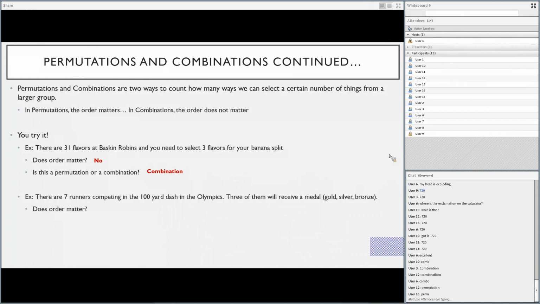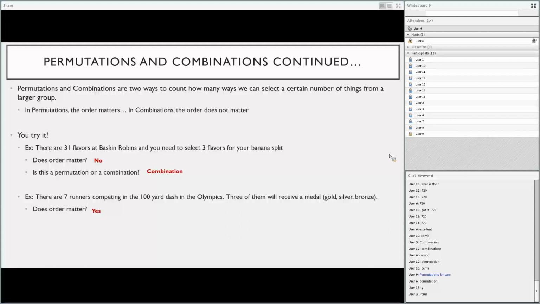Okay, let's try this one. There are 7 runners competing in the 100-yard dash in the Olympics. 3 of them are going to receive a medal: gold, silver, and bronze. So in this case, does the order matter? Yes, in this case, the order matters, right? Whoever comes in first gets the gold, and that's the most prestigious.